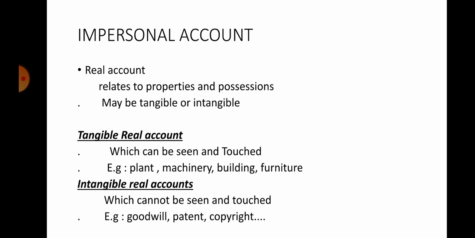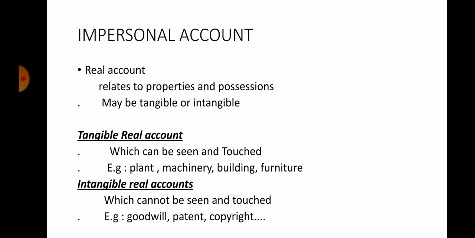Tangible means we can see, we can touch. Example, a plant. Plant means not the green plant and trees; this is a big water plant or power plant. Like that, machinery, building, furniture. These are the things which can be seen and touched. Next one is intangible real accounts. Intangible in the sense we cannot see or touch.